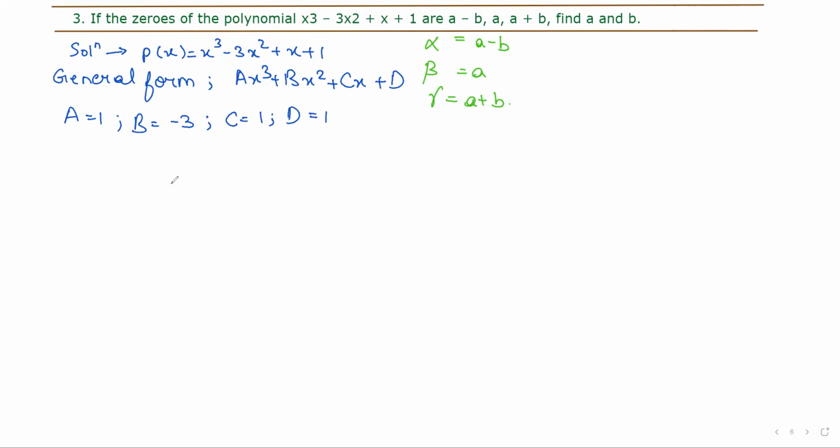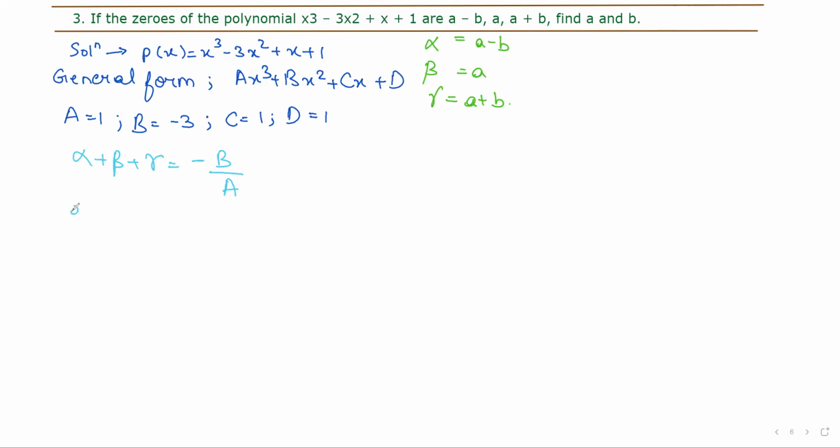Now, what does this mean? Zeros are given to you, coefficients are given to you. These are coefficients of your polynomial. We know the relationship between zeros and coefficients. Let's write the first equation. Alpha plus beta plus gamma is equal to minus b upon a. Let's substitute the values.